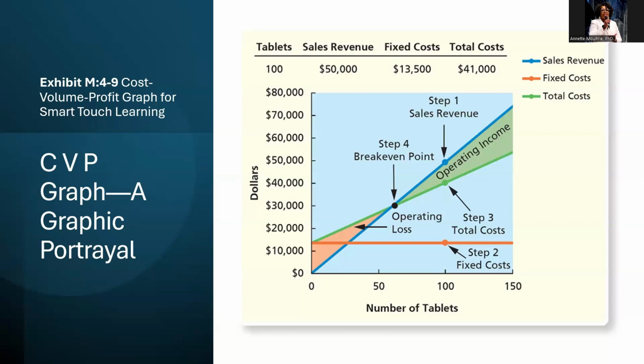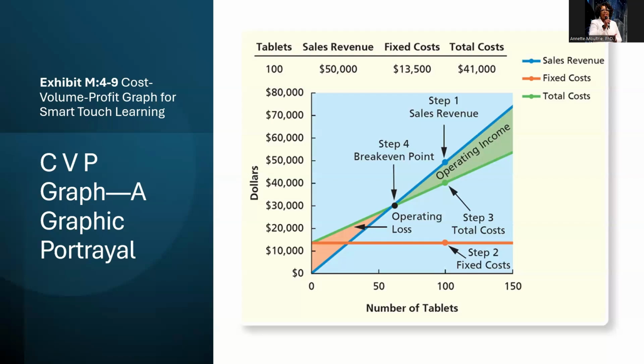Next, we mark the two key areas on the graph. First is the operating loss area, which is left of the break-even. Here's the break-even.